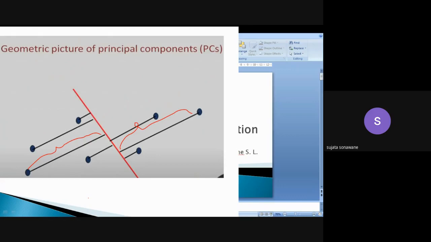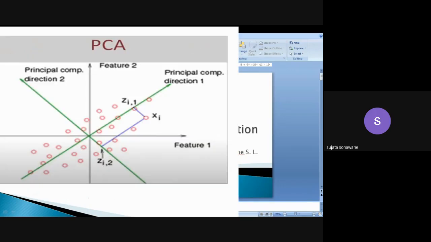So here we have to select a new feature. How will we select the first feature? How will we select the principal component? Consider that these red points given here are your instances.